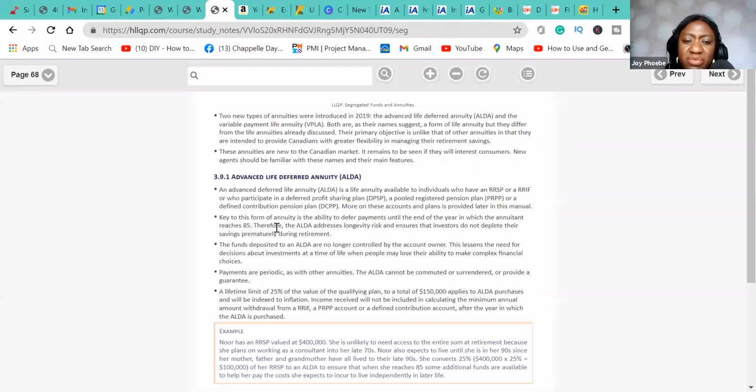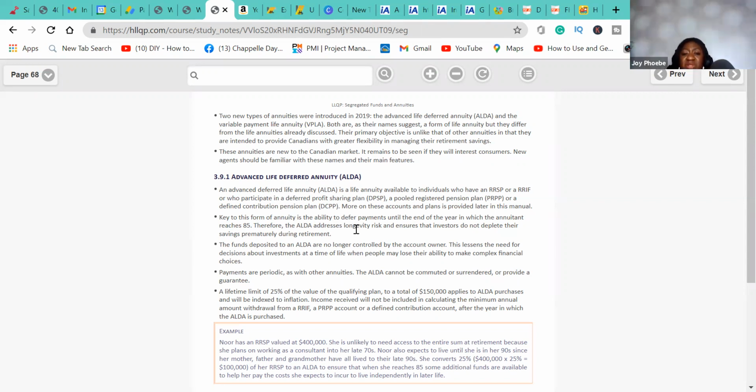So the key to this form of annuity is the ability to defer payments until the end of the year in which the annuitant reaches age 85. Therefore, the advanced life deferred annuity addresses longevity risk, ensuring the investor does not deplete their savings prematurely.